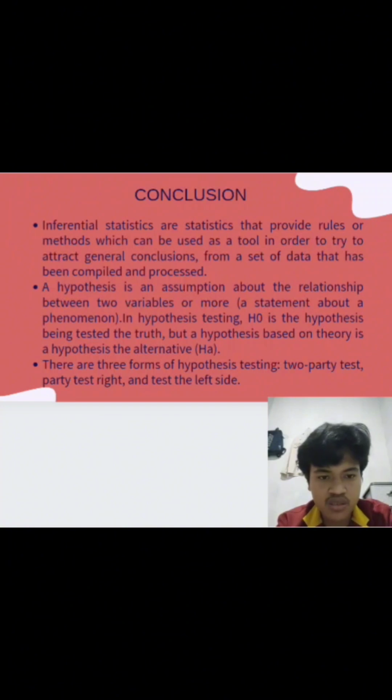A hypothesis is an assumption about the relationship between two or more variables, an assumption about a phenomenon. Hypothesis testing: the hypothesis is tested based on theory, with the null hypothesis and the alternative hypothesis.